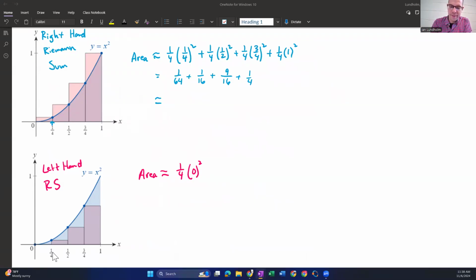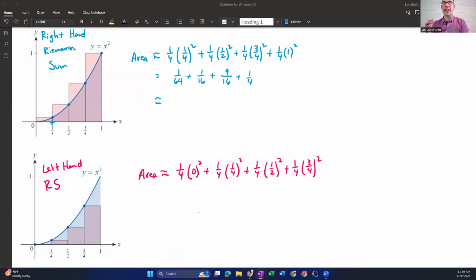So we square that, and the area of this first rectangle is 0. That's fine. The next one, 1/4, and then we're using 1/4 as the value to get the height of this rectangle, so we're squaring 1/4. 1/4 for the base, 1/2 for the height for the third rectangle, and then the fourth and final rectangle is 1/4 for the base, and then 3/4 for the height.